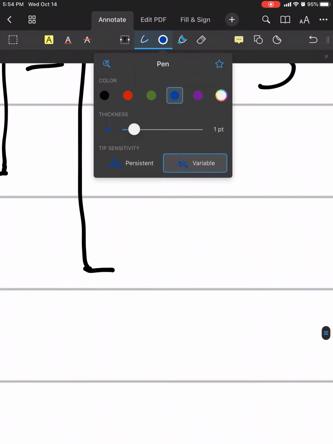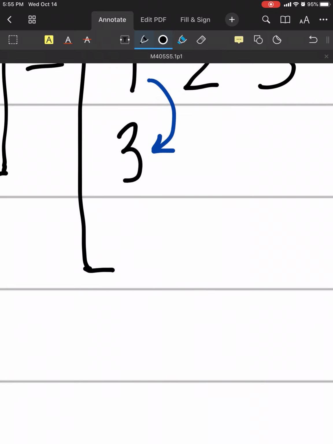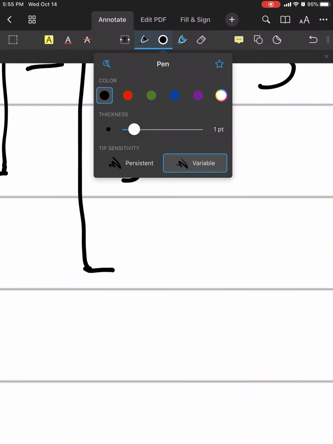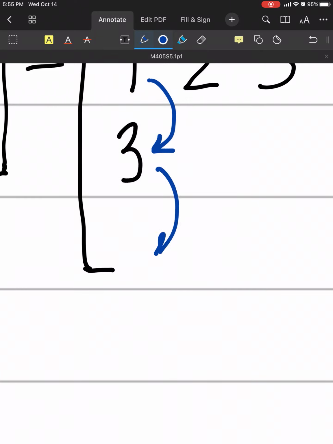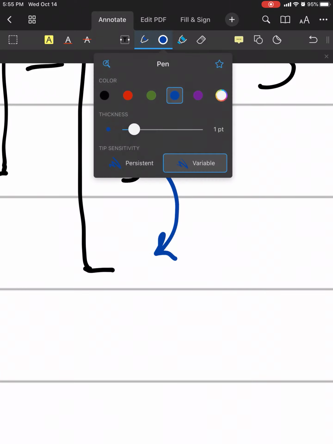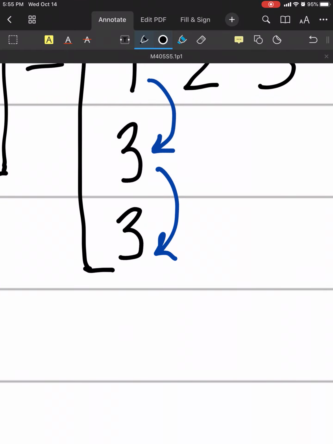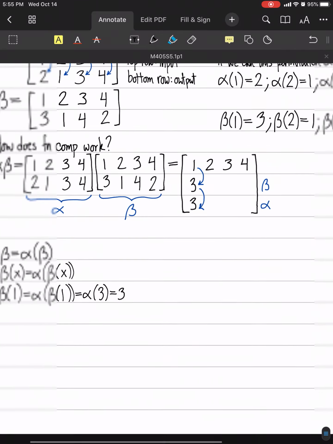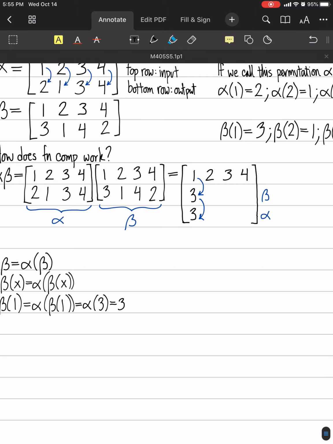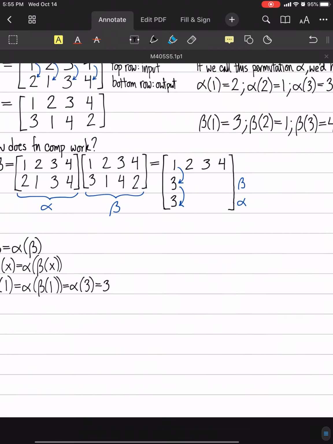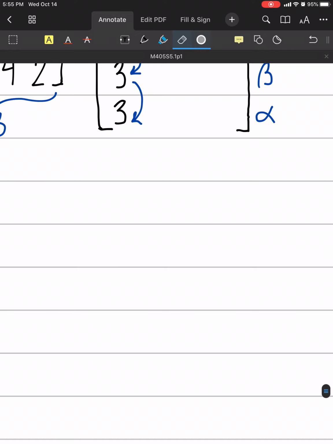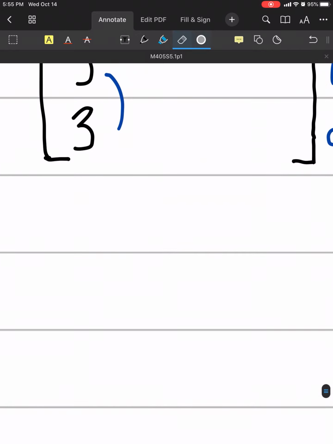So 1, our first step goes to 3, because that's what beta does to 1. And then alpha leaves 3 alone, so that goes to 3 again.